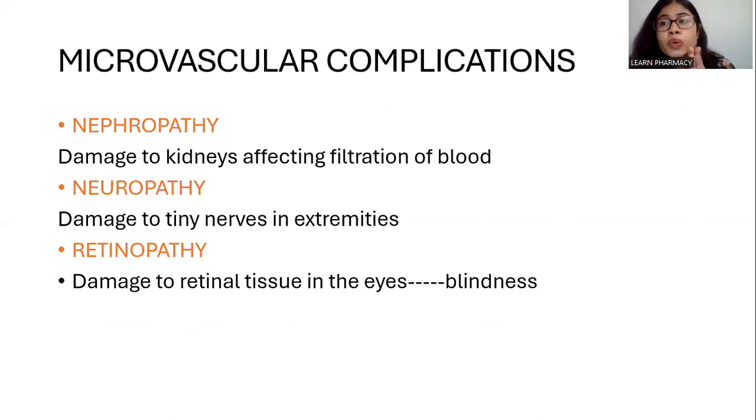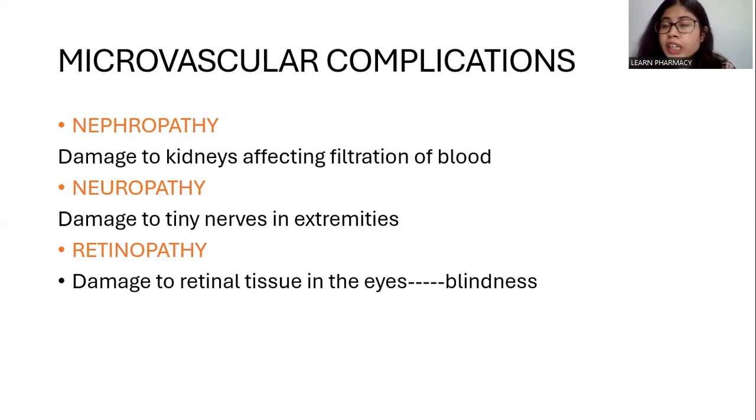And in this slide, we will see the microvascular complications that come along with diabetes. The first one is nephropathy, which is damage to the kidneys, and the filtration of blood is affected. Your kidneys cannot filter your blood as they should.